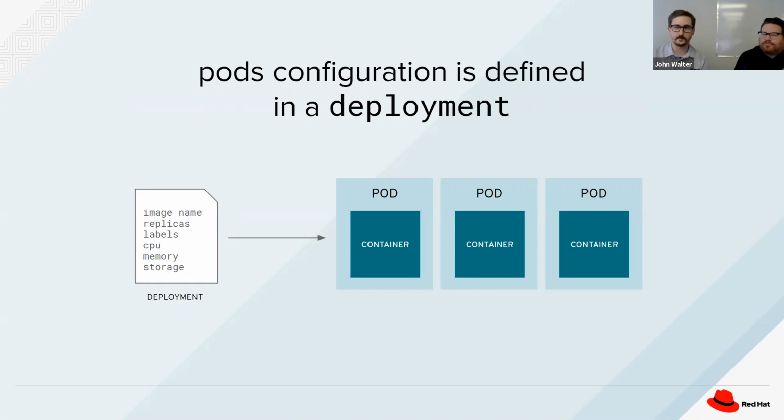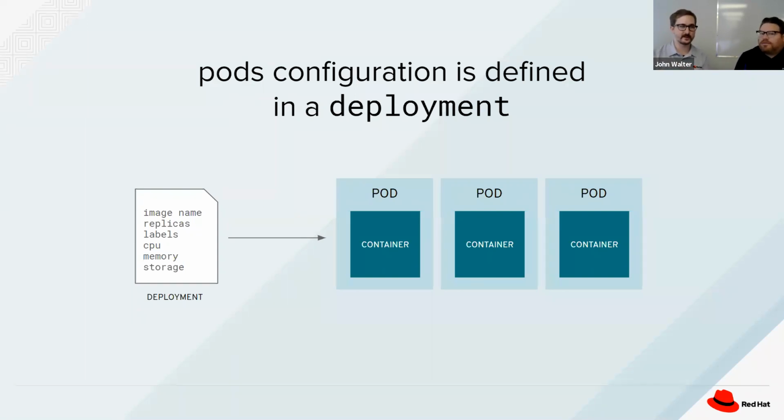Once you have that deployment signed, sealed, and delivered, this is something now that you can send to other parts of your organization, especially when they want to scale up, or if they want to redeploy another version of the container. They don't have to start from scratch as far as figuring out the networking and storage side of things. They don't have to worry about what kind of compute resources they need for all of these things. That's something that just has a blueprint all of a sudden that you can send to other parts of your organization, or if you leave the organization, it's something that's left behind for your teams.